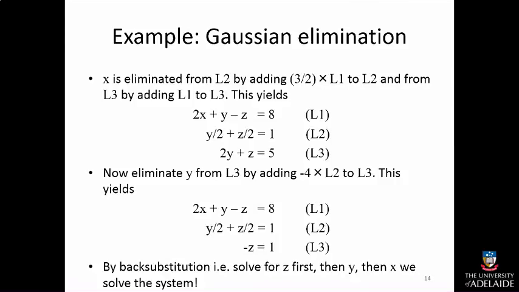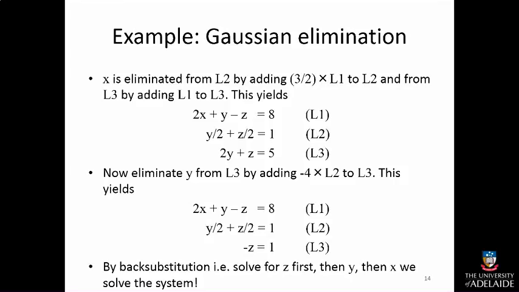Now we would like to eliminate y from L3, because we only need it from the second equation onwards. How are we going to do that? We have 2y in the second equation, and in L3 we have y by 2. So we would multiply the second equation by -4, right?